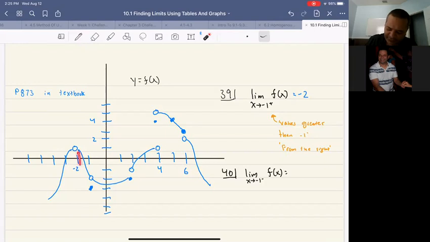So as we get from the left, so this means, sorry, I didn't explain it. The little minus means from the left, okay? Or values less than -1. Okay, so as we come along this side, we're also getting to -2.